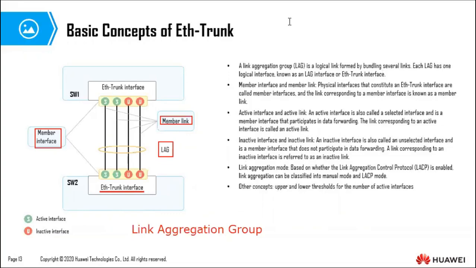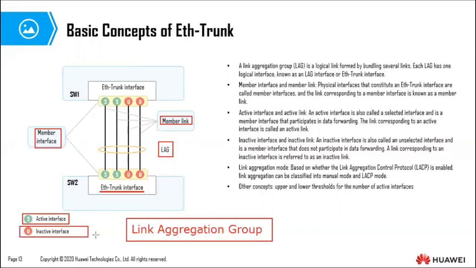Now, on a LAG or on an Ethernet trunk interface, you might have some links that are forwarding data and other links that are not forwarding data and are just acting as backup. For example, here, these ones in blue are forwarding data, and they're referred to as active interfaces, while the others, the ones that are not forwarding data, are referred to as inactive interfaces.